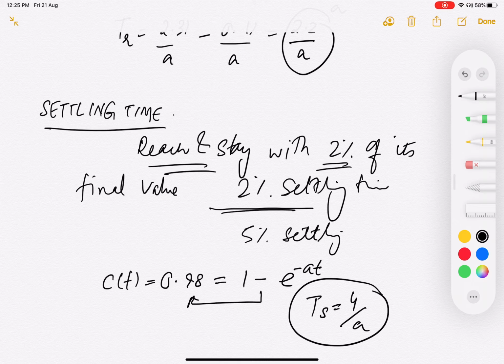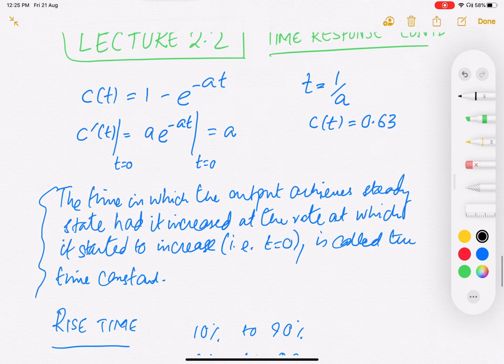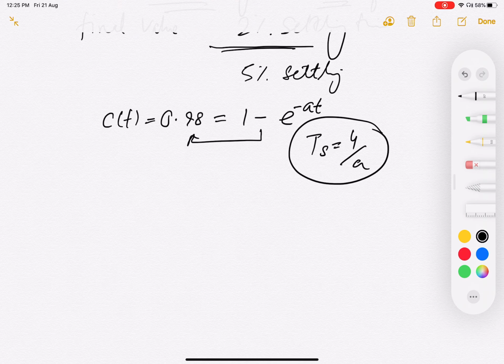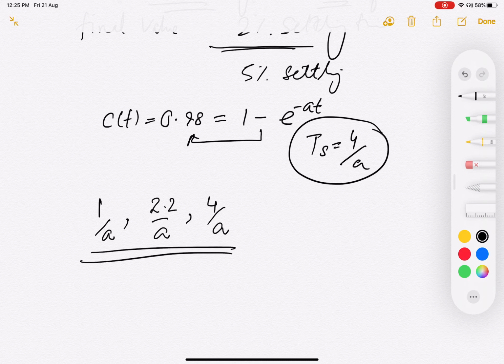So these are the three important parameters for describing first order response: the time constant, which is equal to 1 by a, the rise time, which is equal to, in this case, 2.2 by a, and the settling time, which is equal to 4 by a. You can see essentially that all these are functions of just one parameter, which is a in this case, right?